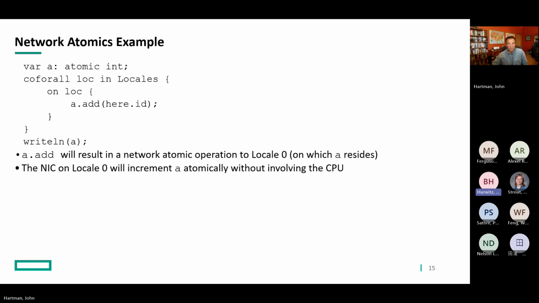Yeah, we don't really have any fault tolerance in the system, so we're not going to be able to tolerate that kind of failure. Because you imagine you have an array that's distributed across all the locales, and one of the locales goes down. Well, we're not going to be able to recover that.